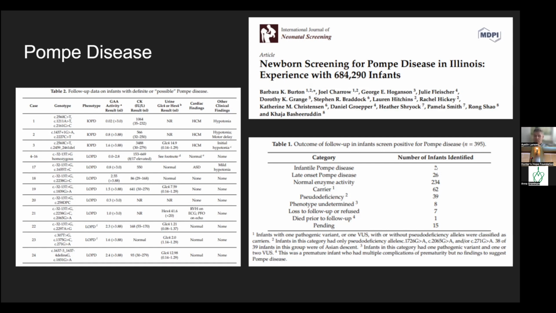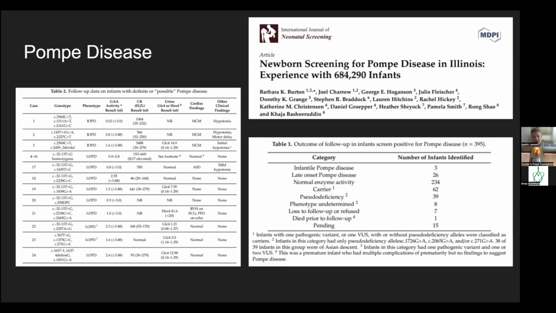Now, 3 out of 29 true positives on newborn screening had the official target of newborn screening, which is infantile Pompe disease. And Pompe disease is a disease that we've known about genotypes for quite a while. The folks at Duke have really carefully cataloged which genotypes are likely to result in infantile onset disease versus late onset Pompe disease.